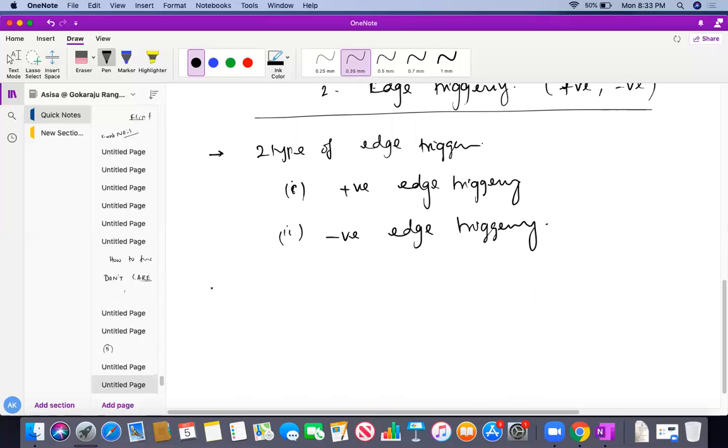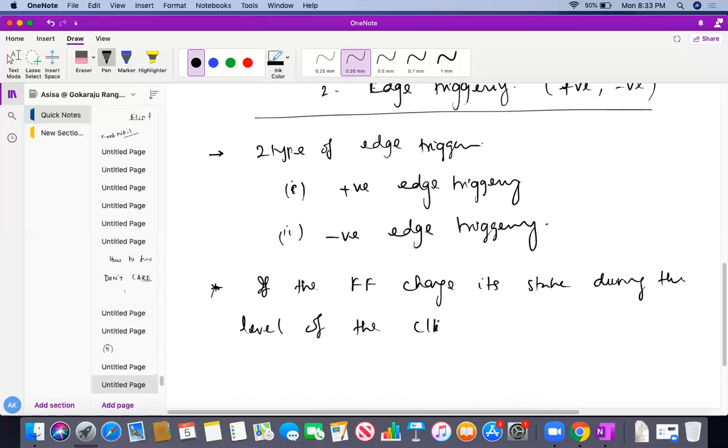Now two very important things I am telling you. If the flip-flop changes its state during the level of the clock input, what is the level of the clock input? Either level 0 or level 1, these two.